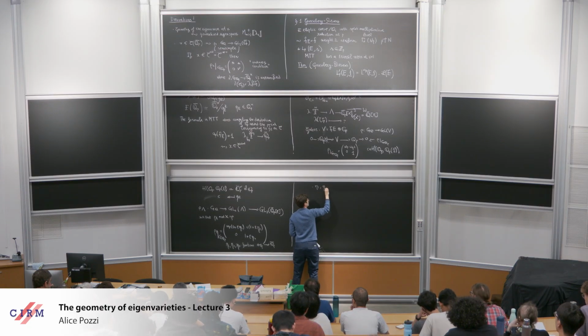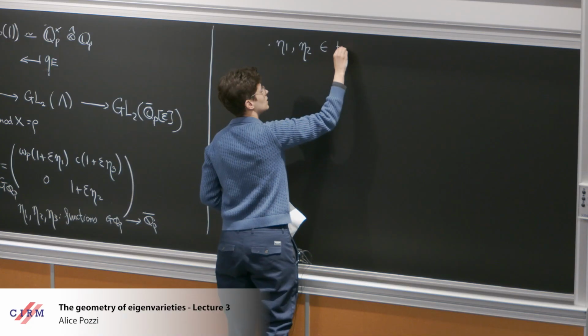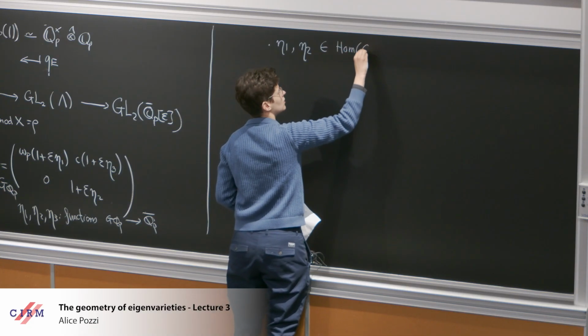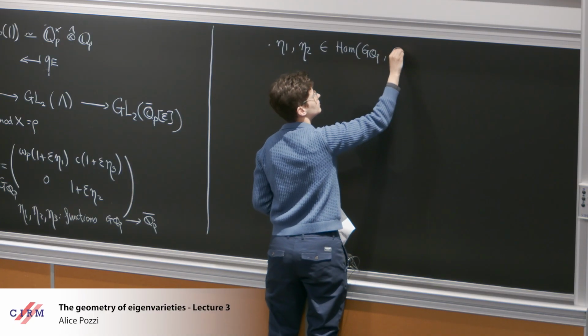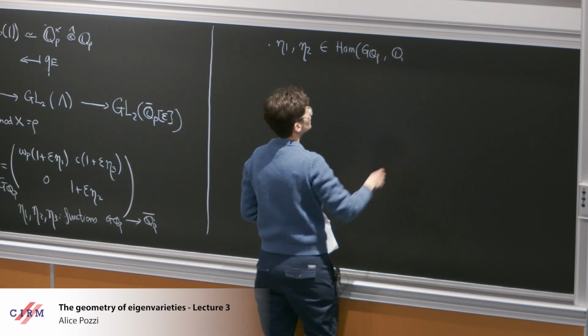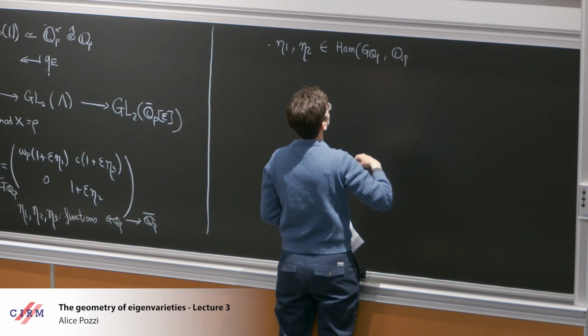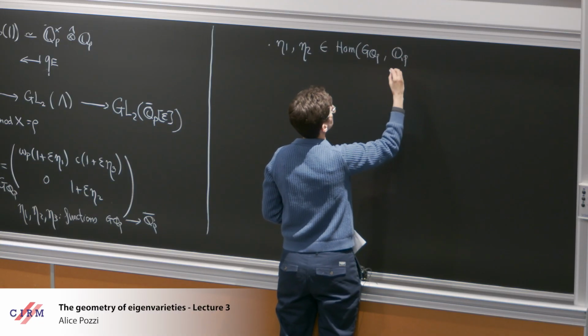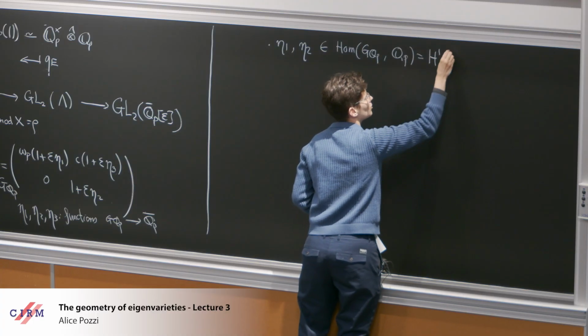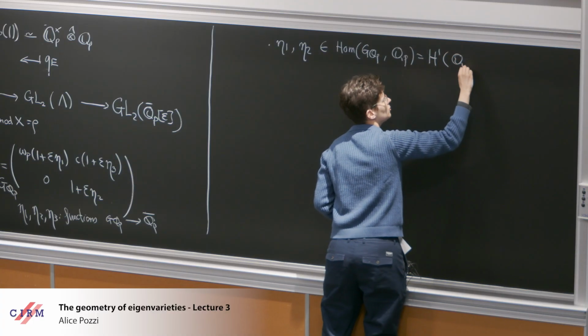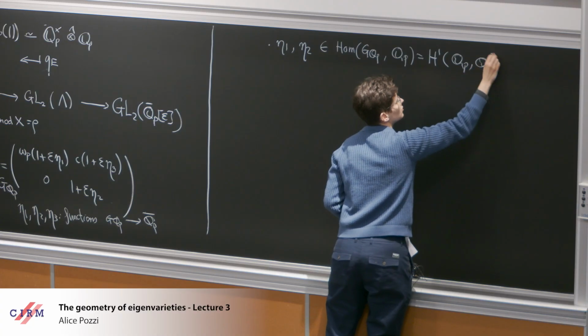Eta 1 and eta 2 are homomorphisms. So I write this as the cohomology group H1 of QP, QP.